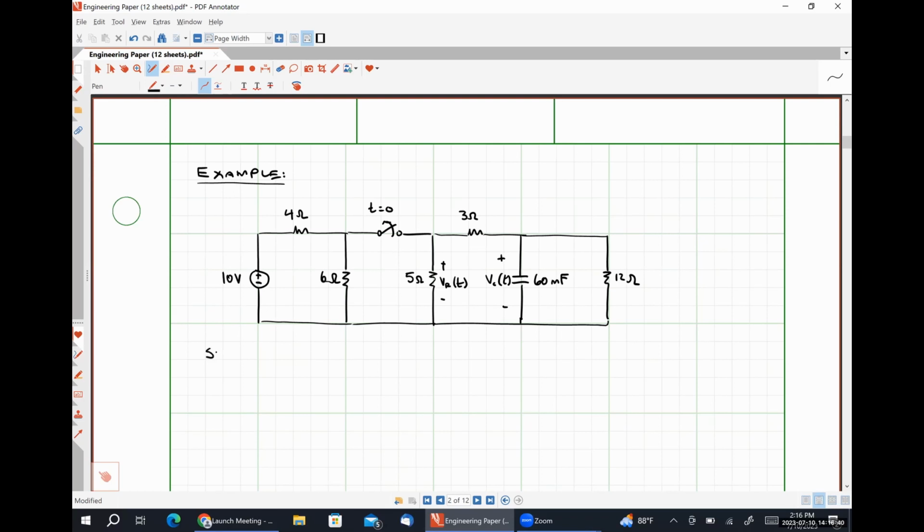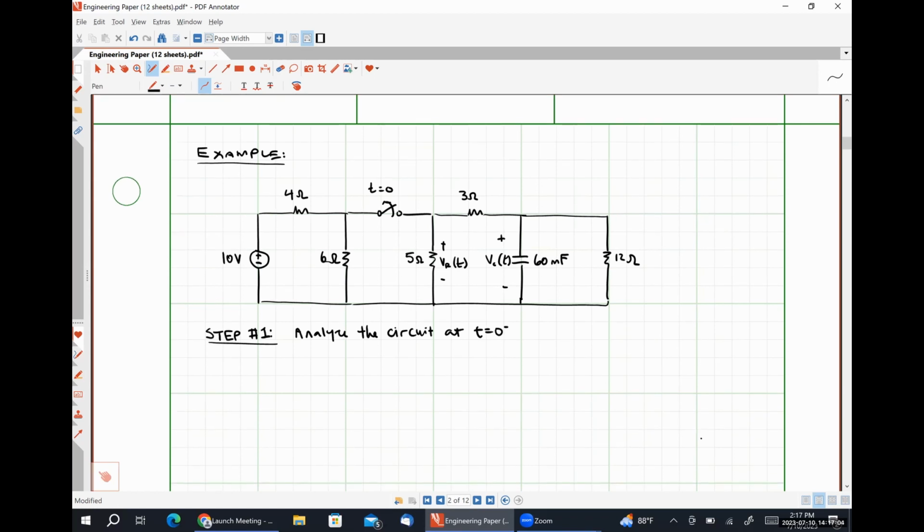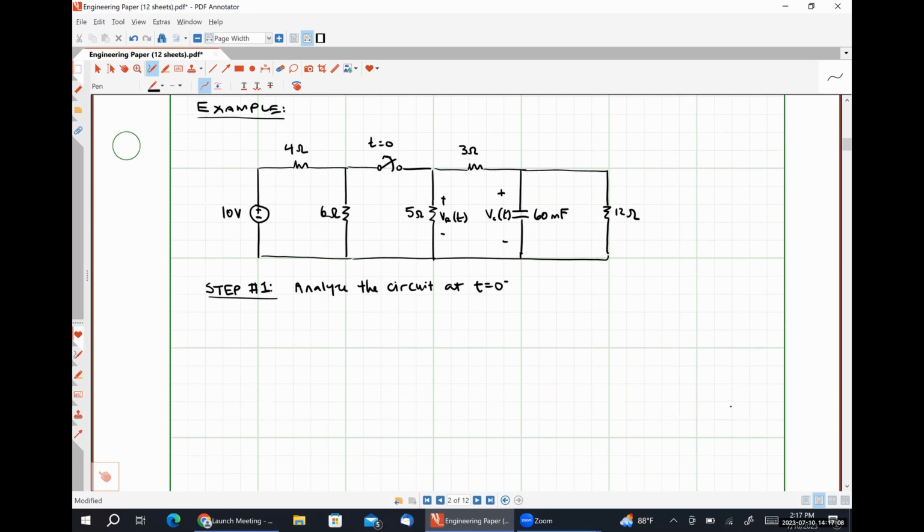So step number one is still going to be to analyze the circuit at t is equal to 0 minus. So at t is equal to 0 minus, our switch is closed and our capacitor is an open circuit because we're at DC steady state. So that means I can redraw my circuit as this guy.